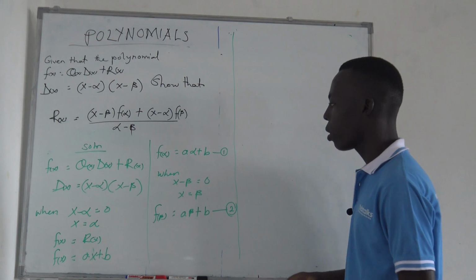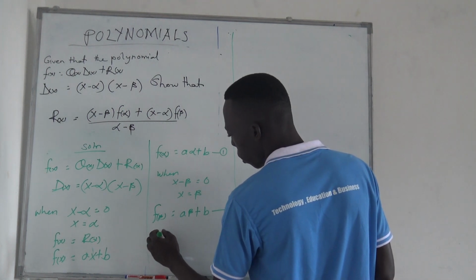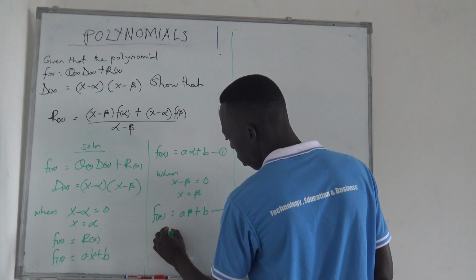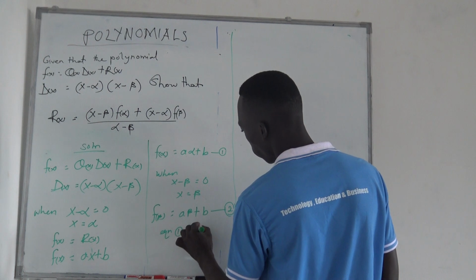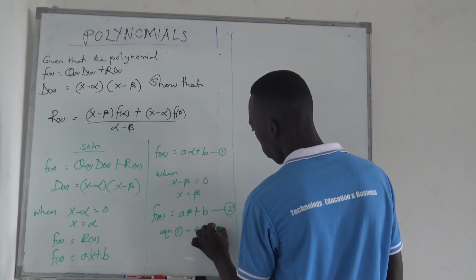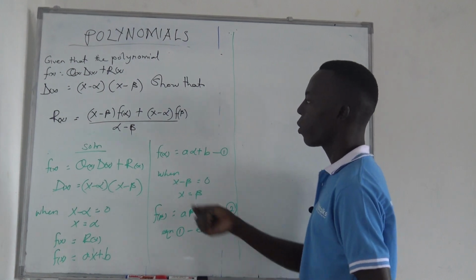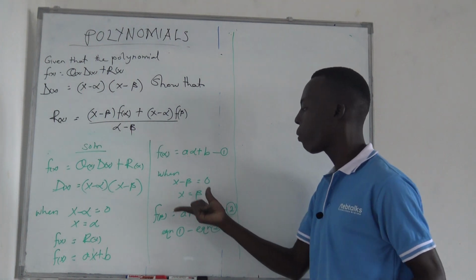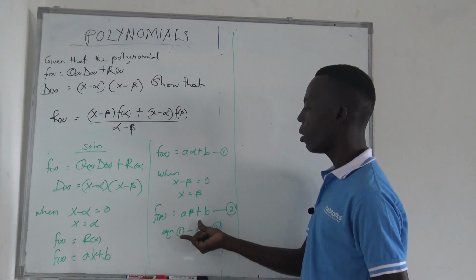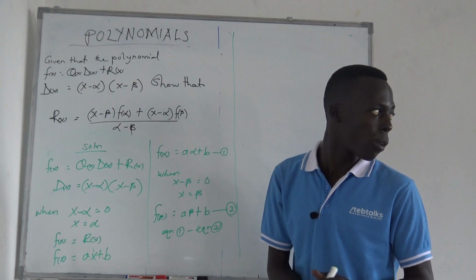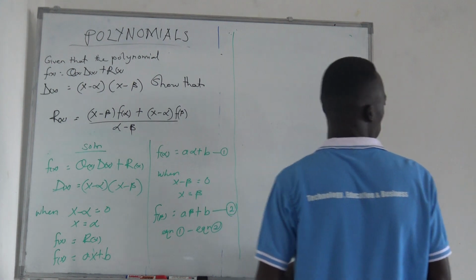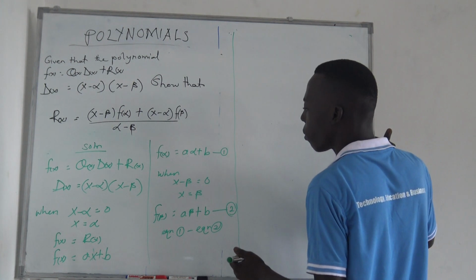So equation 1 minus equation 2, which will give us clear, because it is alpha minus beta, of which alpha is the first and beta is the second equation. After writing that, we subtract.